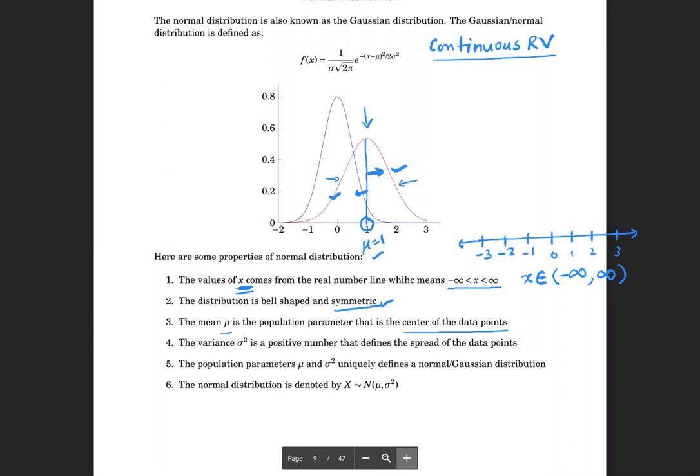The other population parameter is sigma square, the variance, a positive number that defines the spread of the data points. Sigma square is variance, whereas sigma is standard deviation. Square root of variance is the standard deviation.